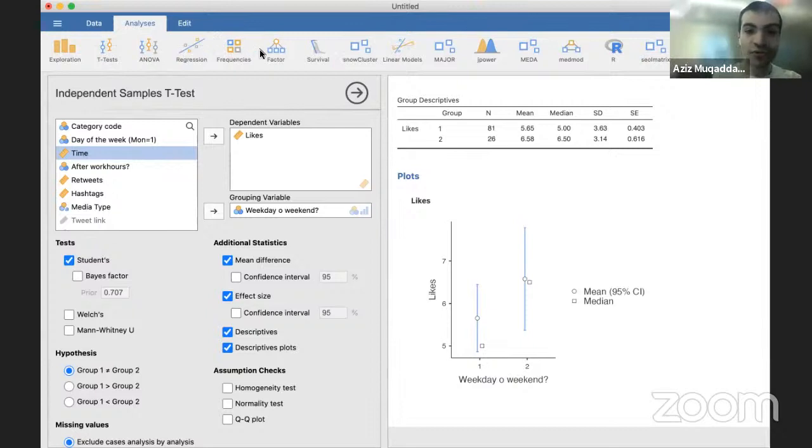Yes, so it falls within. So this right here, you can see it falls within this range, right? Okay. What does that mean? If it falls within the same range as the other group, what does that mean? Anyone guess? Based on earlier slides?